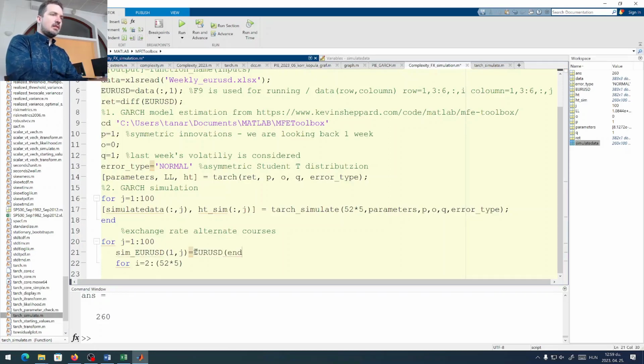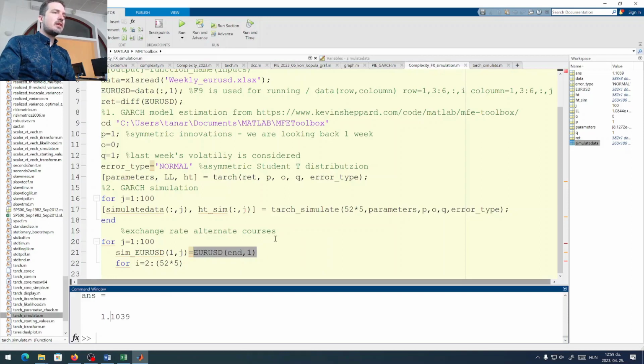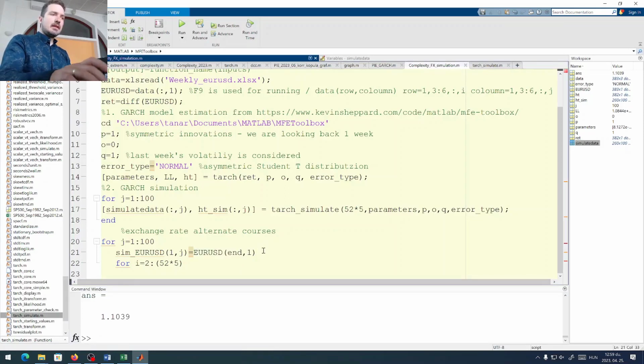So the first column, which was this number here, and then we have to add the first simulated change.